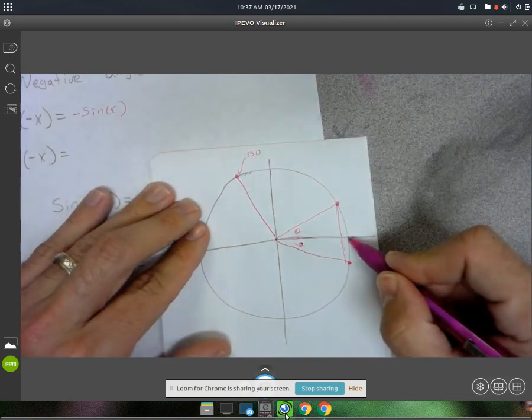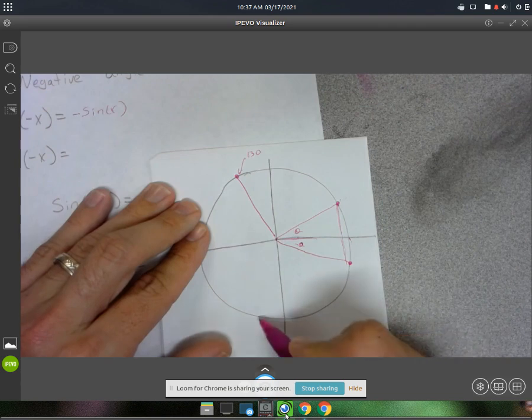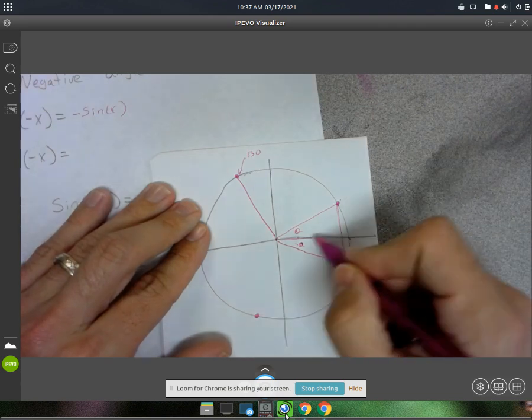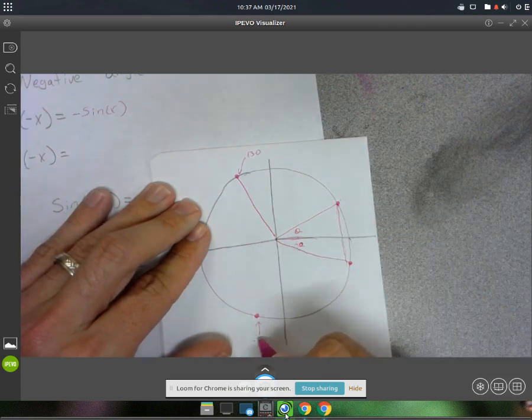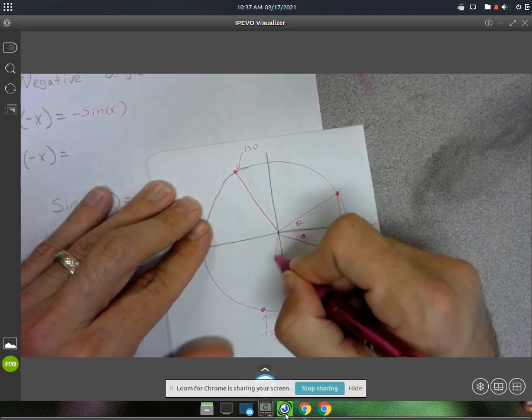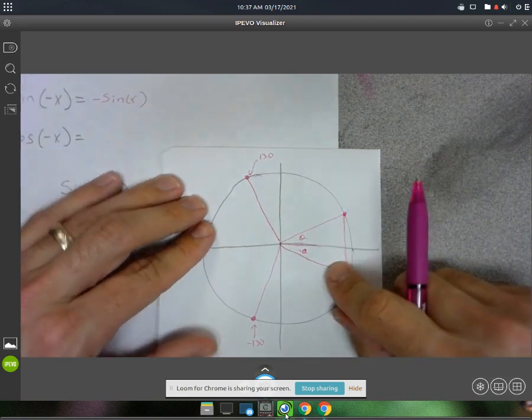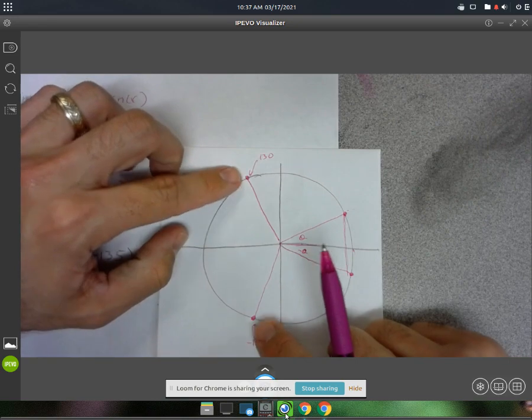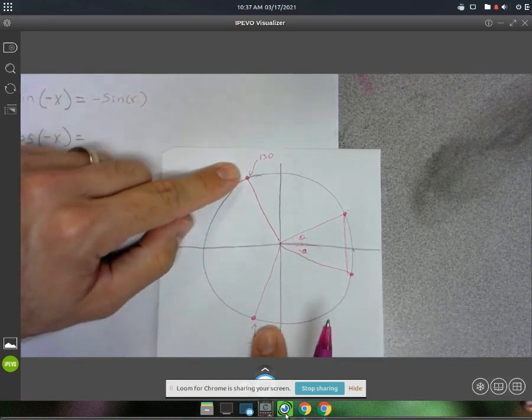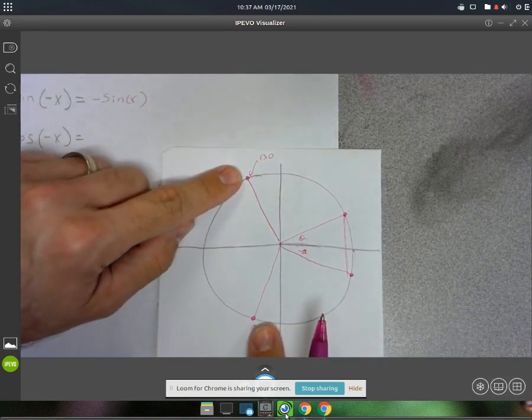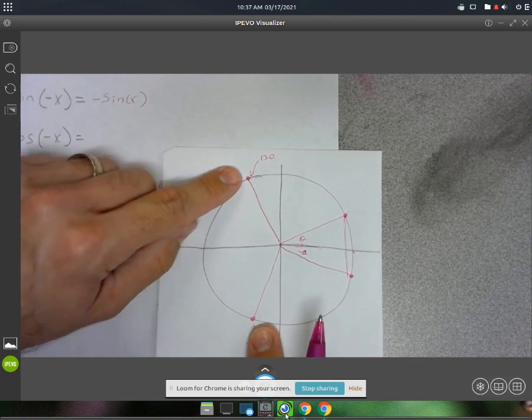But if I rotated negative 130, I'd be down in this neighborhood. You can see here, the y values are off by a positive and negative, but the x values are identical. They are both negative.